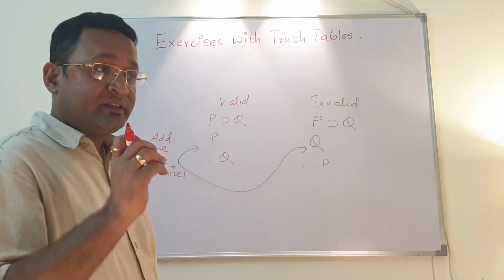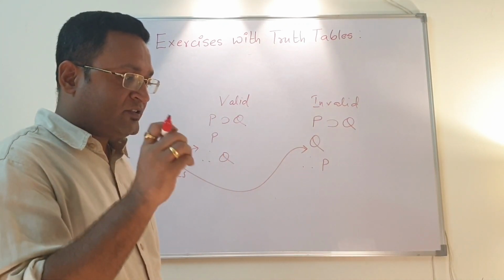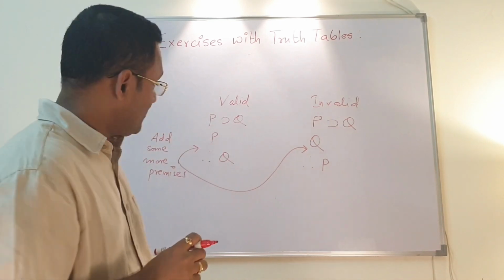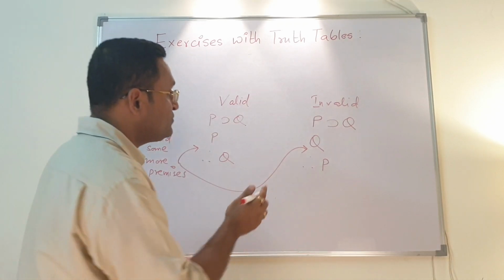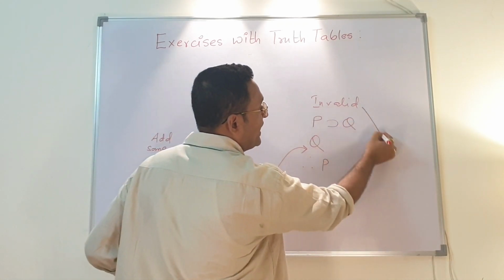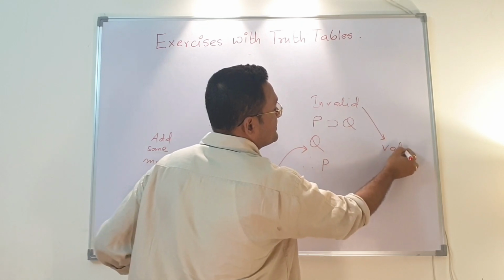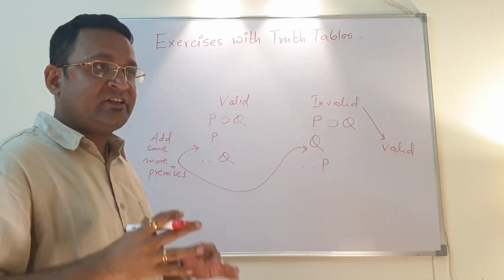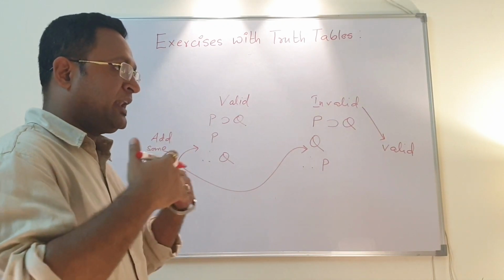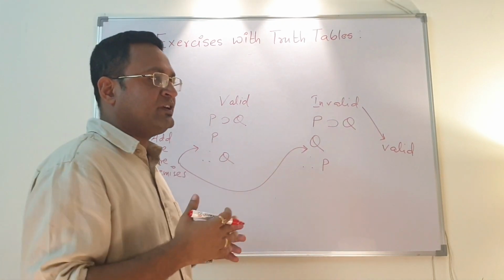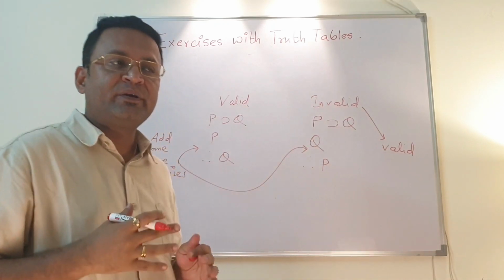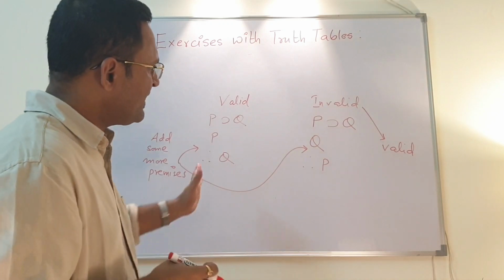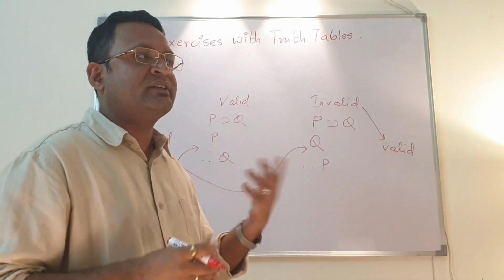However, with very suitable substitutions or premises, you can make an invalid argument valid as well. Now this is a very interesting result, and by the time we reach the stage where we solve questions with rules of inference, you will find that we can prove very easily how this is happening.